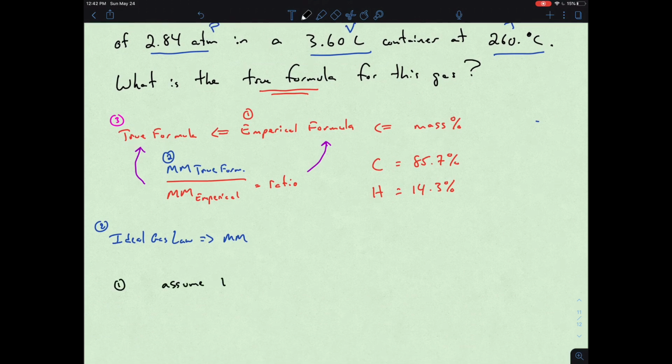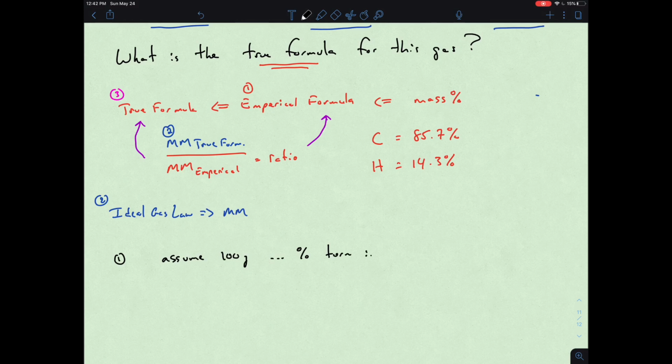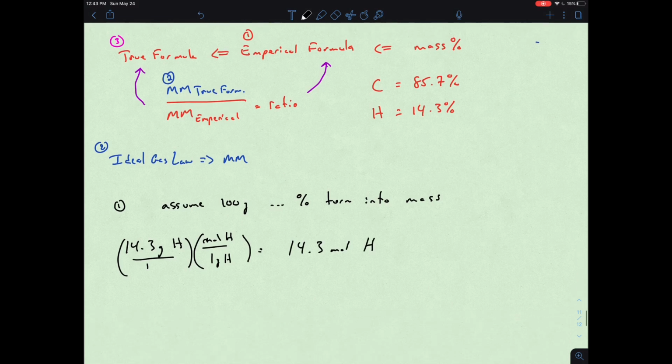So step 1 here should be old stuff, right? We assume 100 grams, so percents turn into mass values. If we have 14.3 grams of hydrogen, and we're dividing by 1 gram per mole, we get 14.3 moles of our hydrogen component.